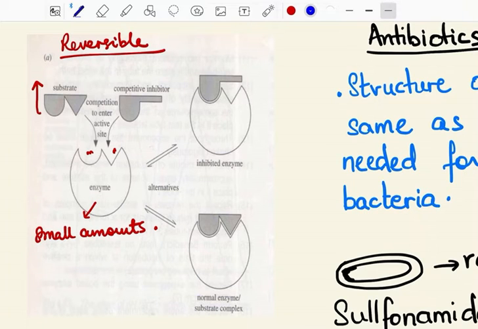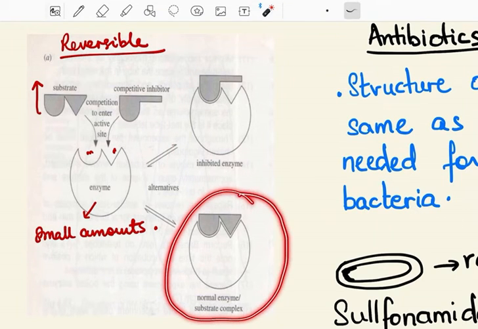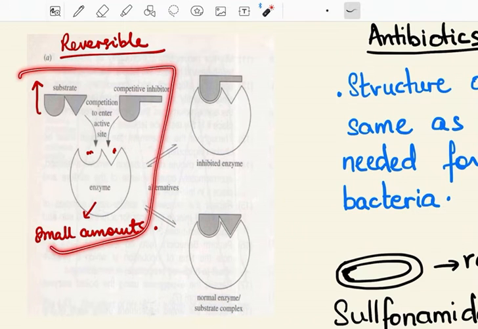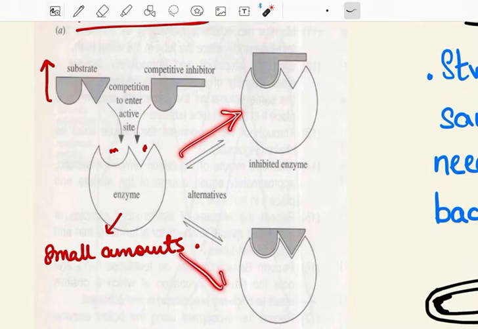Here the competitive inhibitor binds to the enzyme, and here it's not able to bind to the enzyme. So such kind of a situation has two alternatives, either this alternative or this alternative, right?